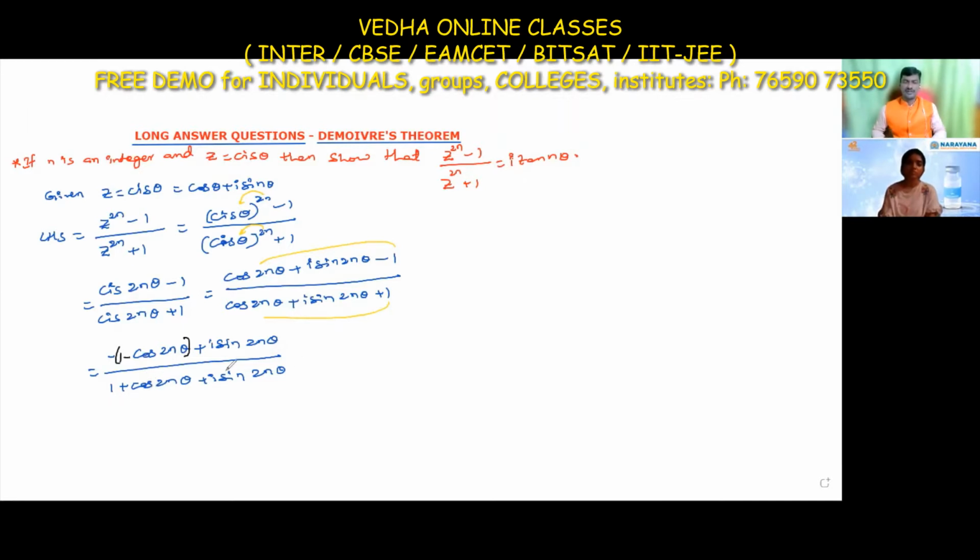So 1 minus cos 2 theta, 1 plus cos 2 theta, and sin 2 theta.